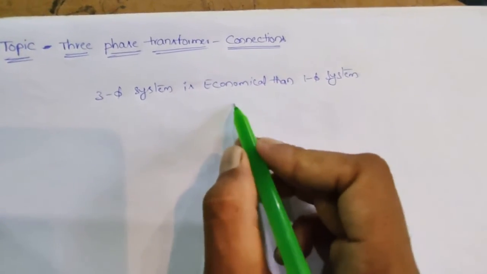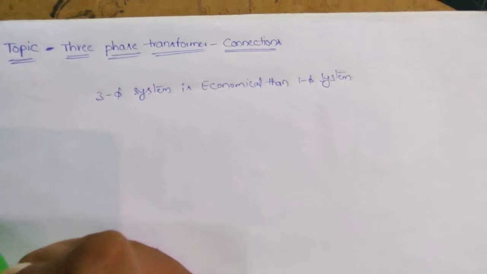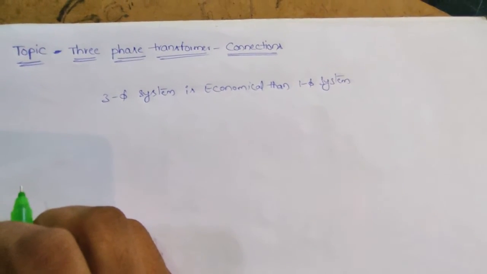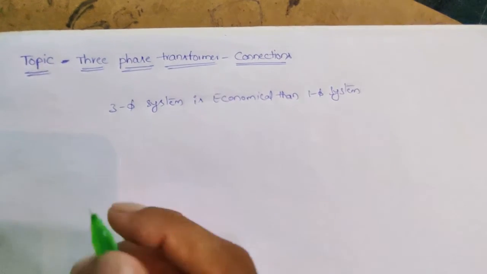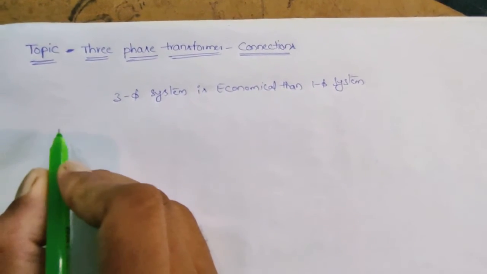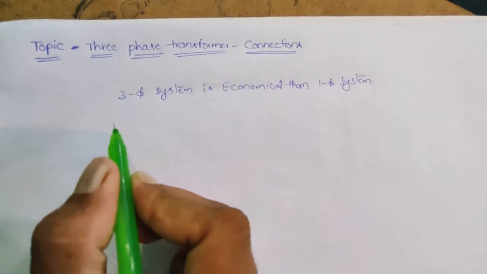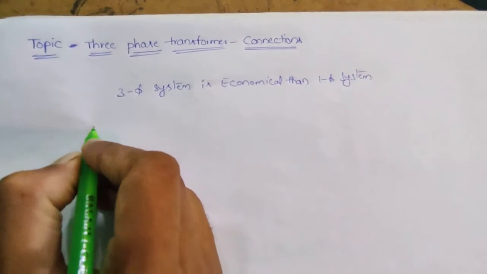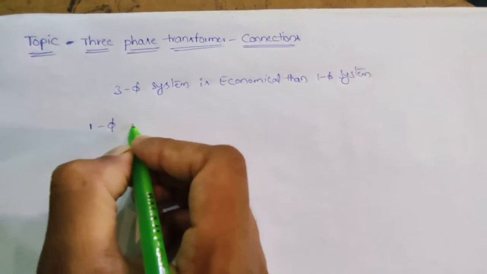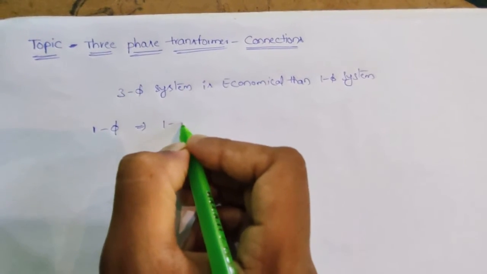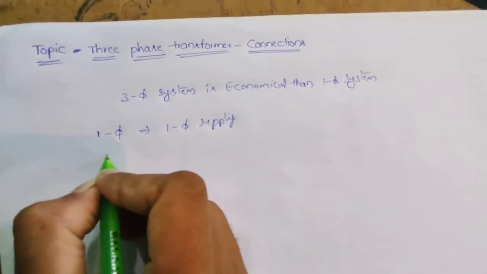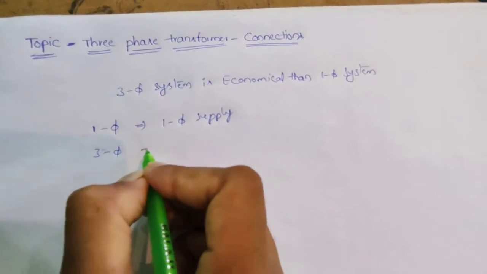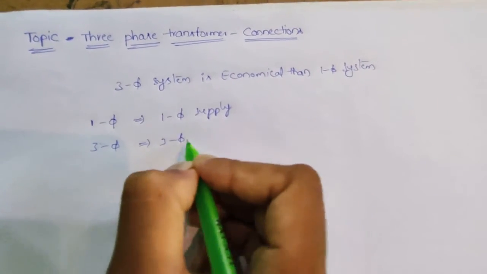Actually, a three-phase system is that which operates on three-phase supply. When we compare with the single-phase system, the single-phase system is operated by single-phase supply, whereas three-phase system is operated by three-phase supply.